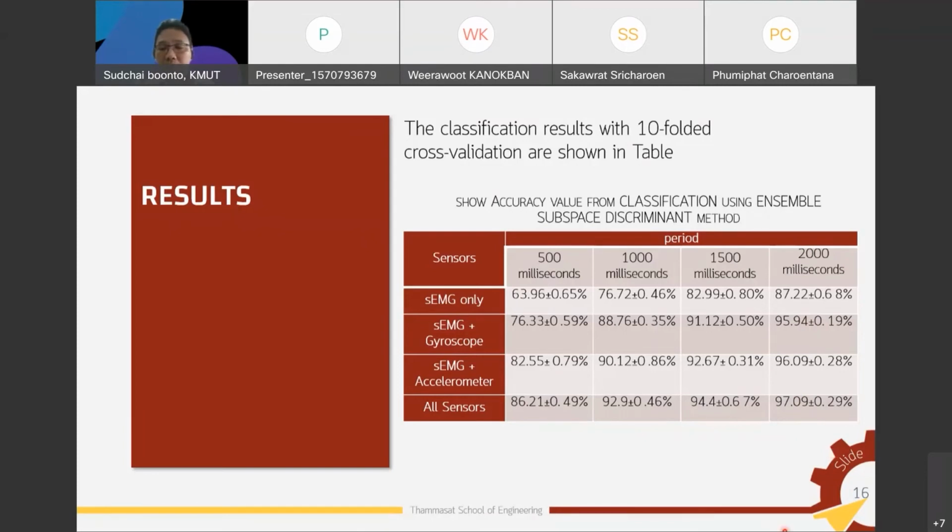However, when considering the shorter signal intervals of 1000 and 1500 milliseconds, the classification result was slightly different from the analysis with the 2000 millisecond signal interval.